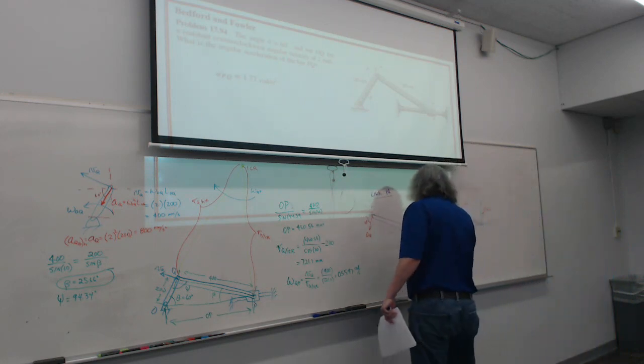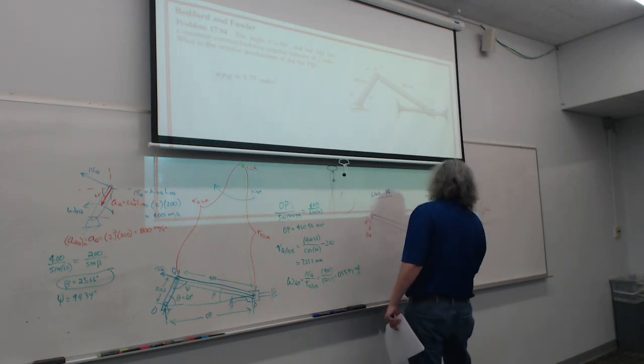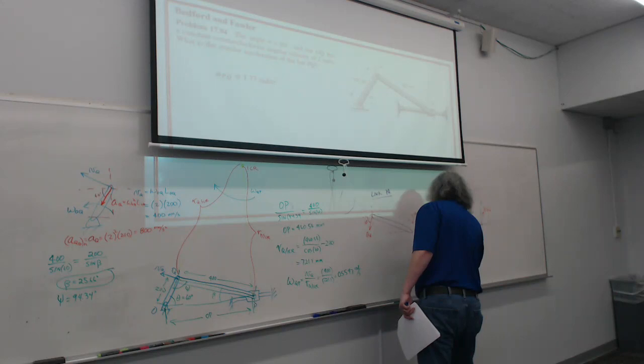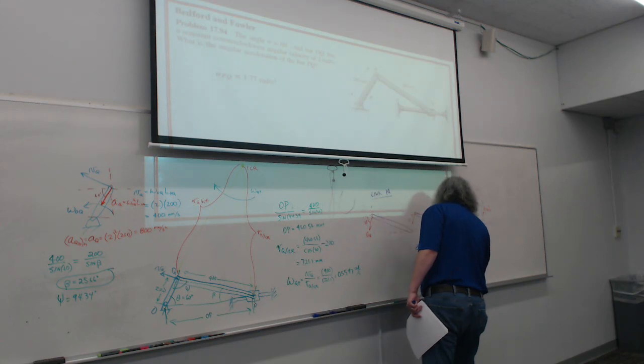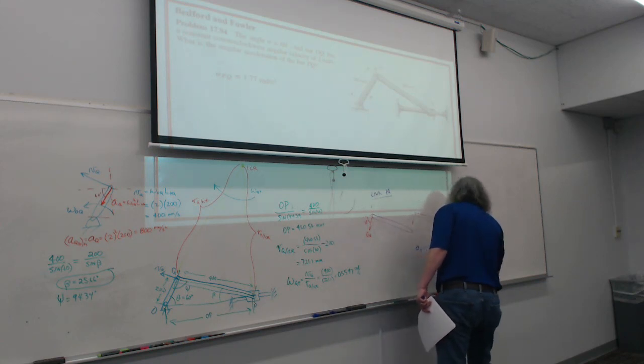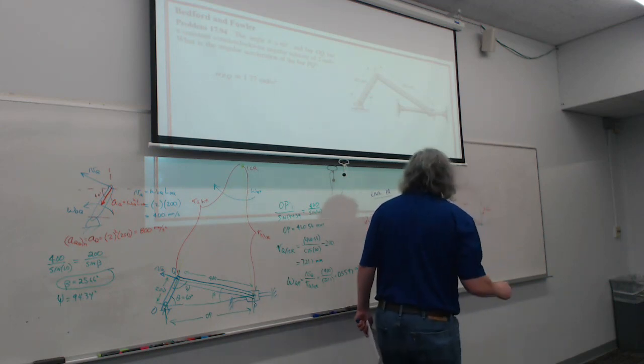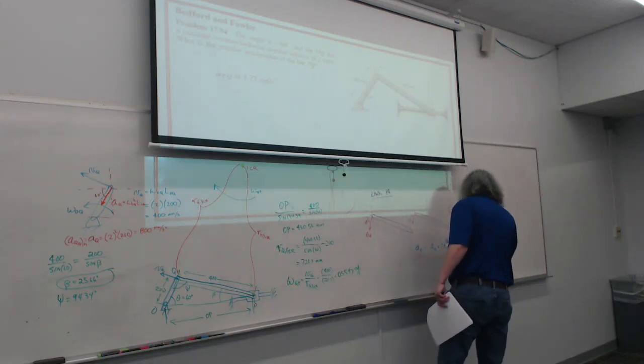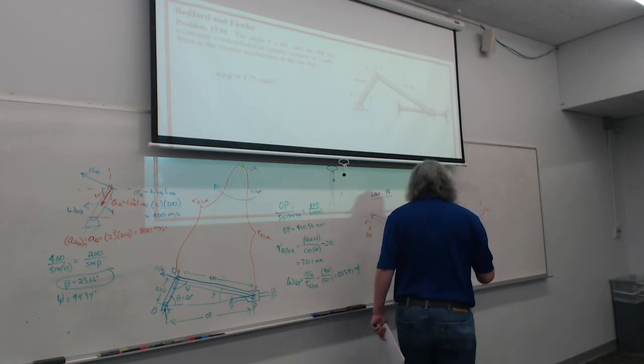So anyway, the equation that we're writing for this is we're trying to find the acceleration of P. So we're using an acceleration of Q that we do know, plus the acceleration of P with respect to Q, tangential, plus the acceleration of P with respect to Q, normal.